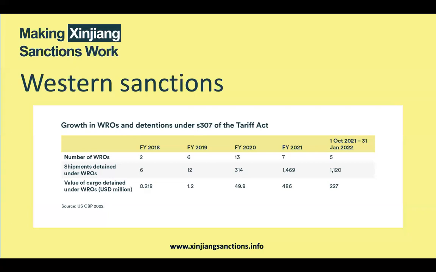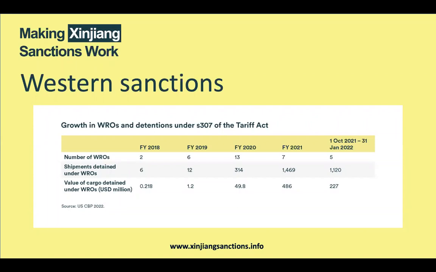The value of shipments detained by US authorities under those kinds of Tariff Act import bans has increased significantly in recent years, from $0.218 million in FY 2018 to $227 million for the first 6 months alone of financial year 2022. And enforcement is expected to increase now that the Uyghur Forced Labor Prevention Act is in place as well.